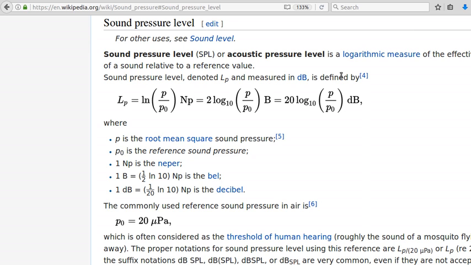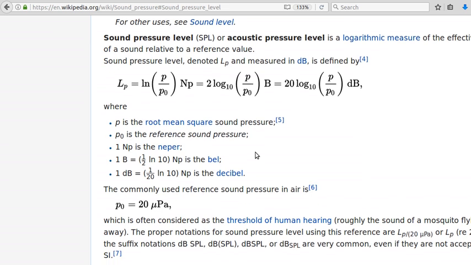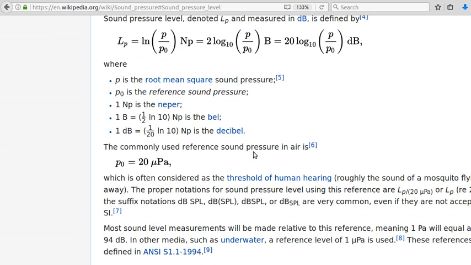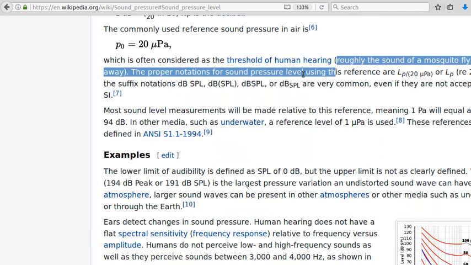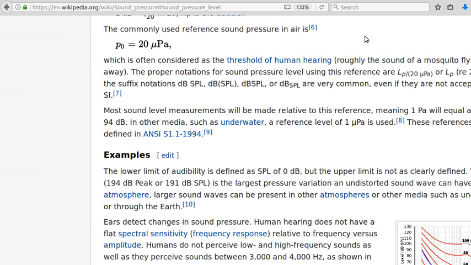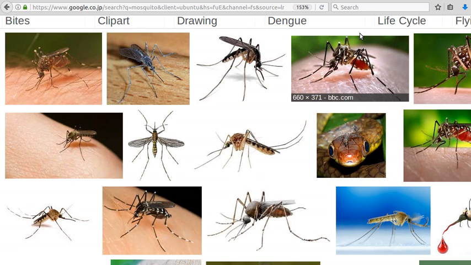It's a logarithm measure. The reference measure is the reference sound pressure P0. What does P0 sound like? It's roughly the sound of a mosquito flying 3 meters away from the listener. It's the reference sound, audible sound.